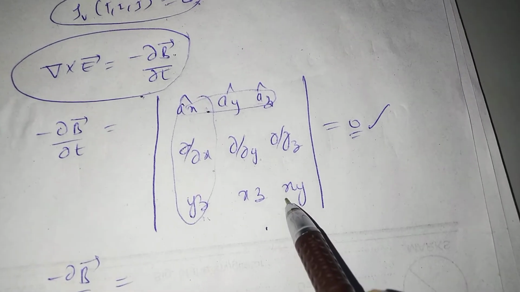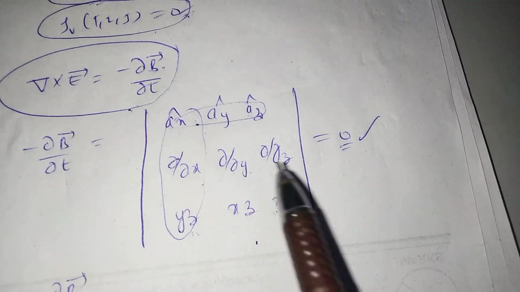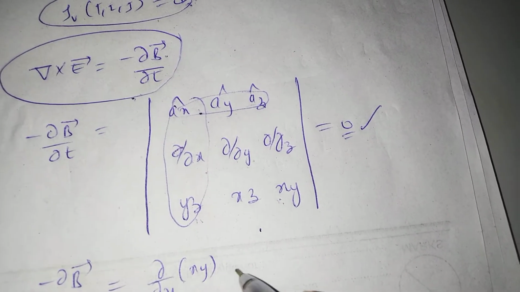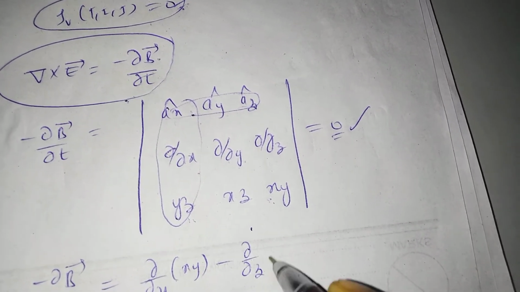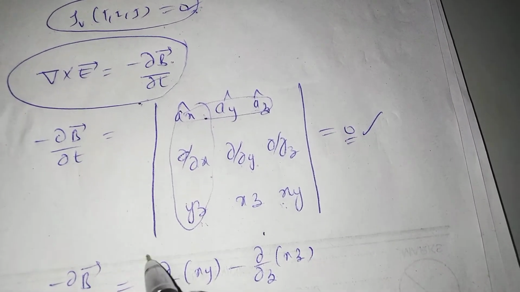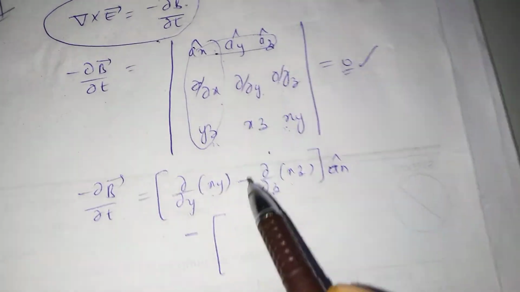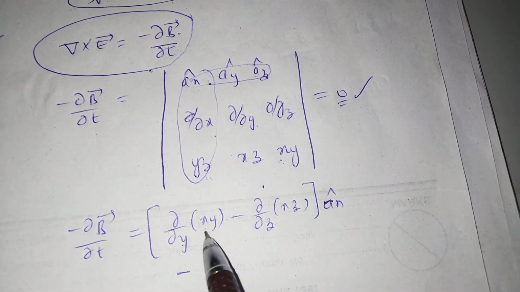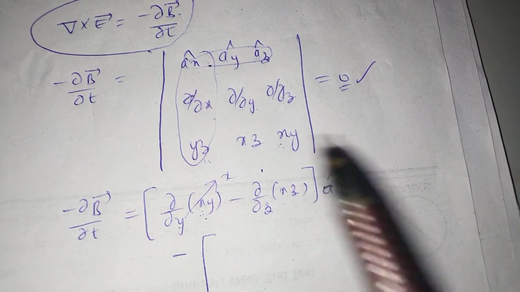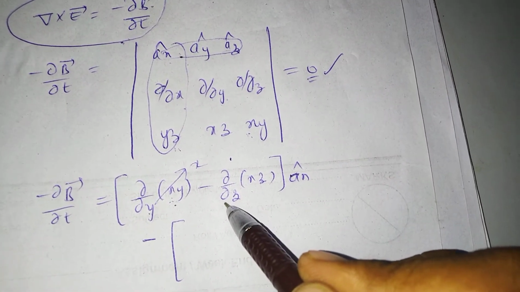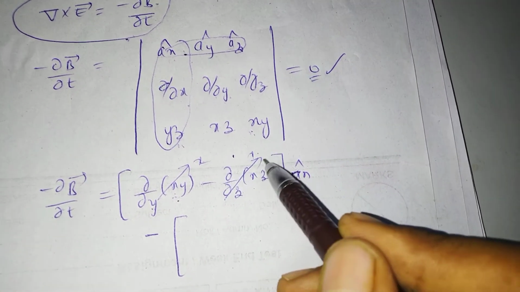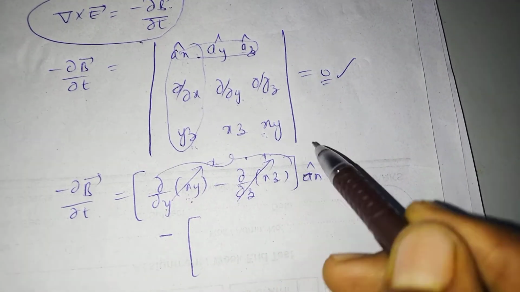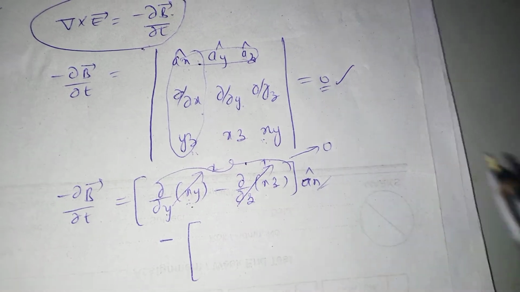So x, then xy minus x, right? We did first row, first column. So the differentiation of xy with respect to y is x only, and the differentiation of xz with respect to z seems to be x, so x minus x is 0, right? Overall this term becomes 0 in the x direction.